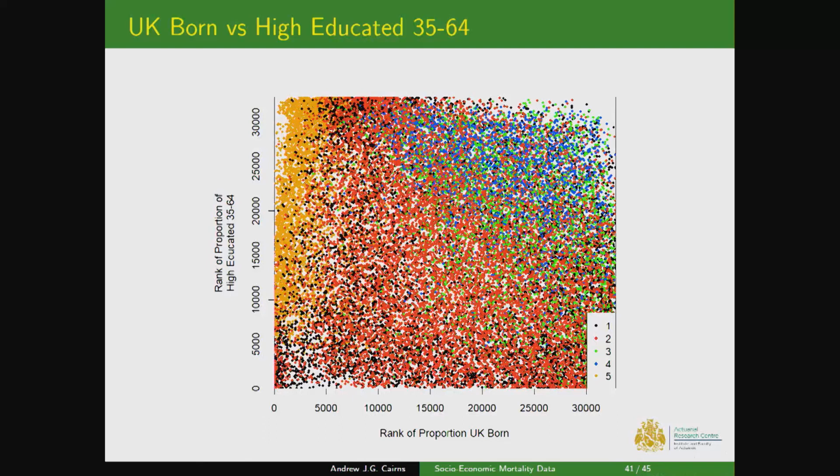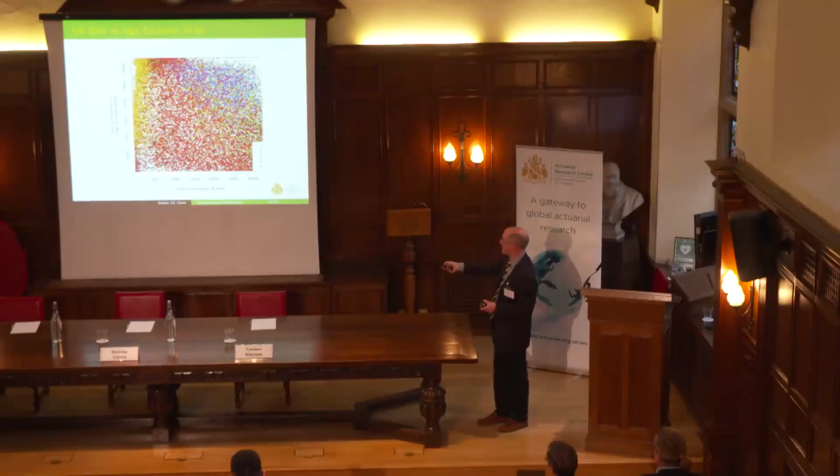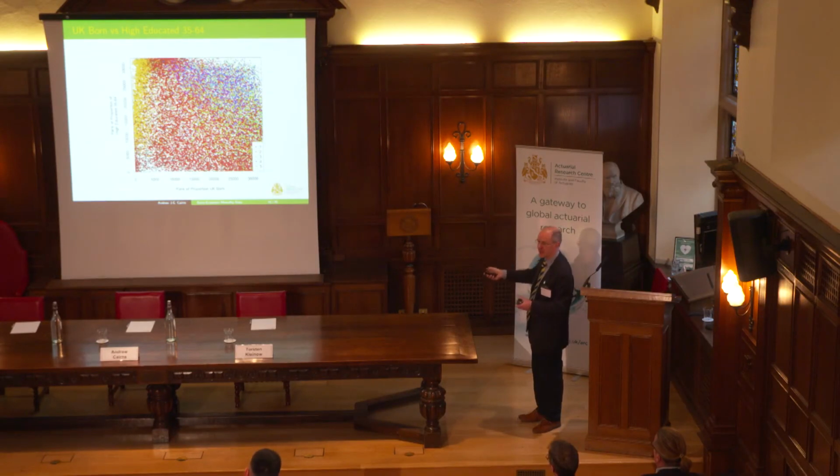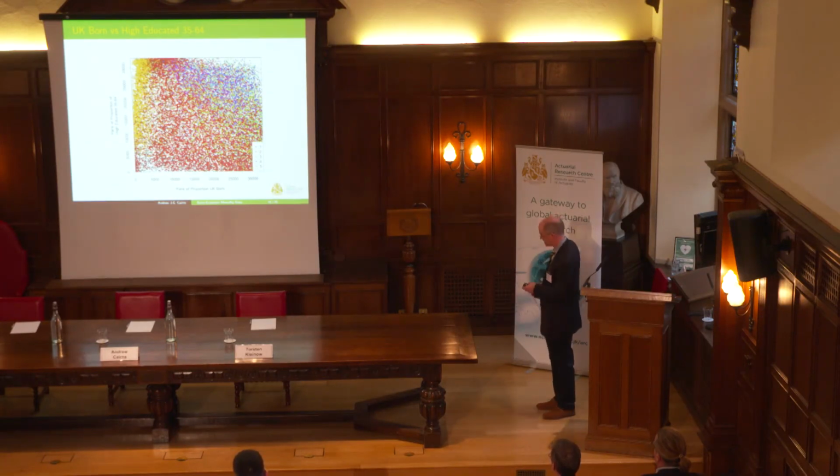Here, there's a broad orange band for London on the left, so that's saying that relative to the rest of the country, London has more people who are born outside of the UK, but these are also better educated people, whereas down in this corner, in the other conurbations, you have, in some areas, a low proportion of UK born, but also low education rather than high education. So it's rather different compared to London.